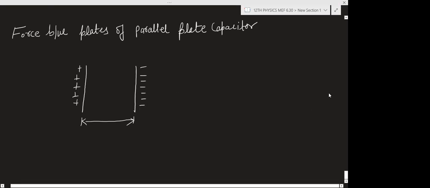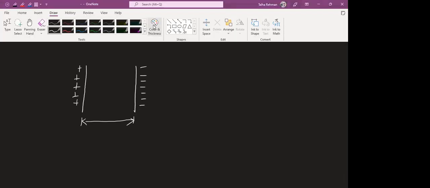So first calculate the electric field in between the plates. We know the formula.